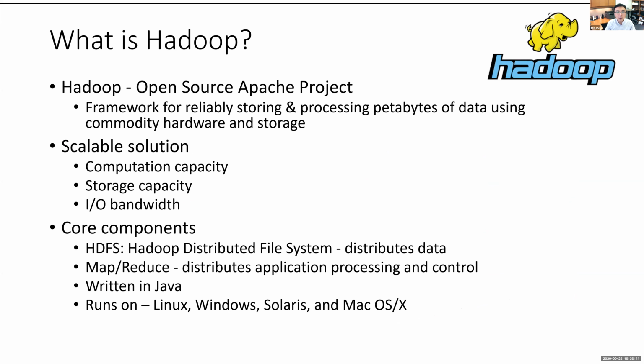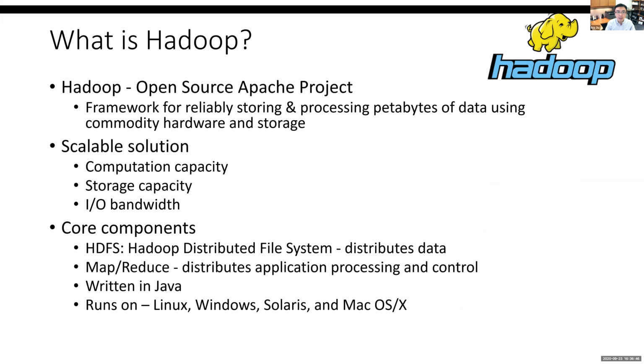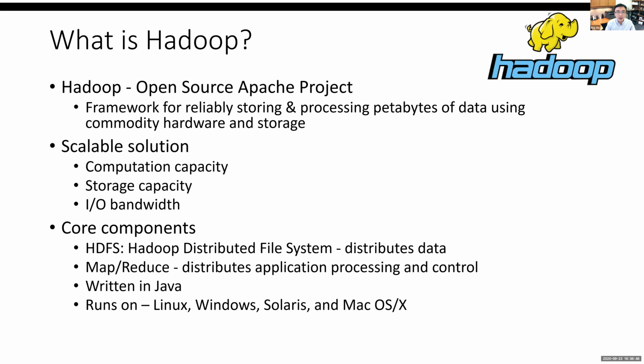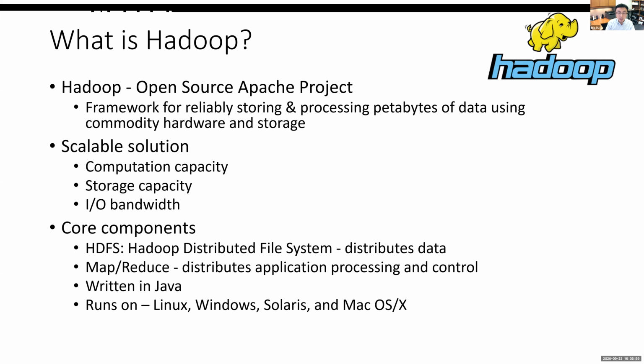Hadoop is an open source Apache project, originally started at Google. It's a framework for reliably storing and processing PB data using commodity hardware and storage, which means you do not need to rely on supercomputers. You can use just regular computers.